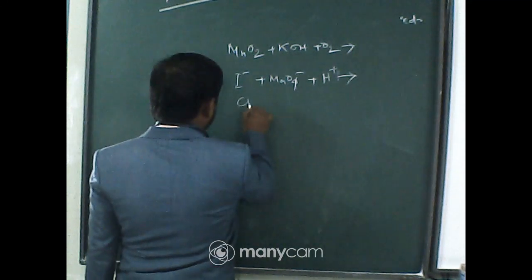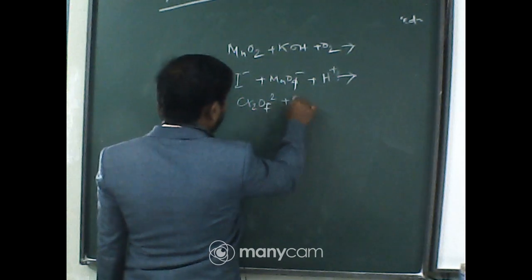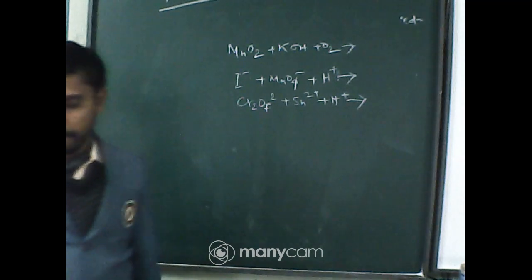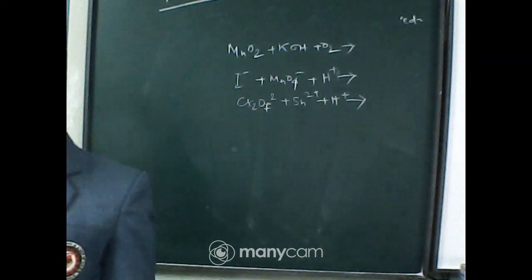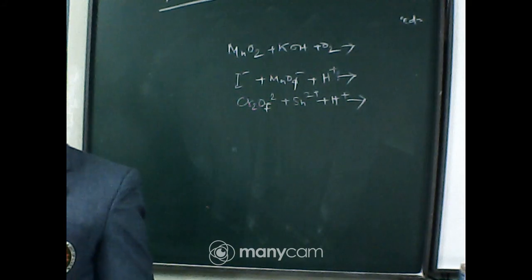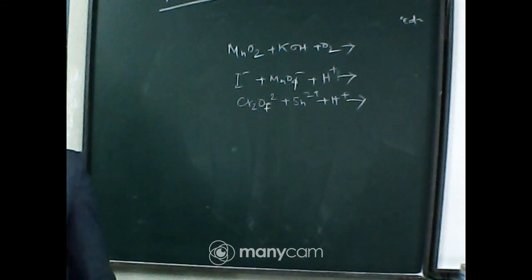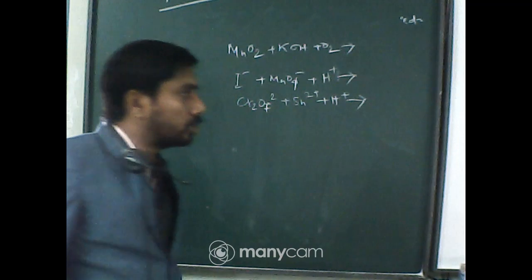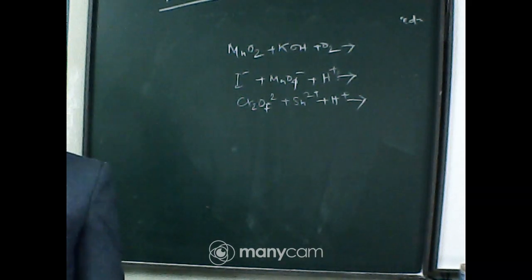Cr2O7 2 minus plus Sn2 plus plus H plus. First one is MnO2. Now MnO2 is black in color, but when it is treated with KOH and oxygen, it converts to one salt, that is K2MnO4.